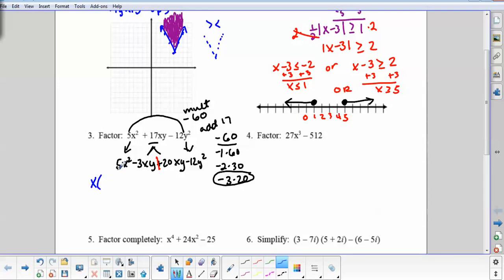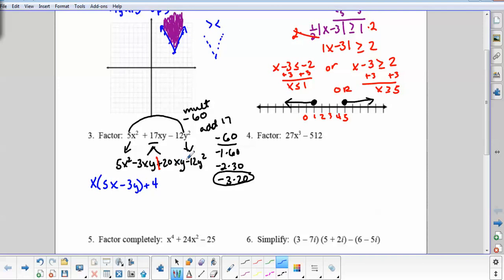And when I divide this term by x, I get 5x, and when I divide this by x, I get -3y. Alright, 20 and 12 can both be divided by 4, so I'm going to write plus 4.